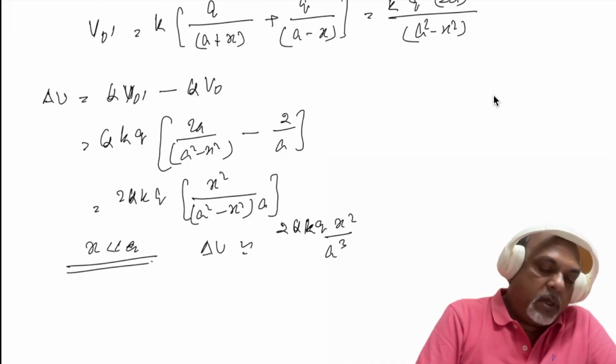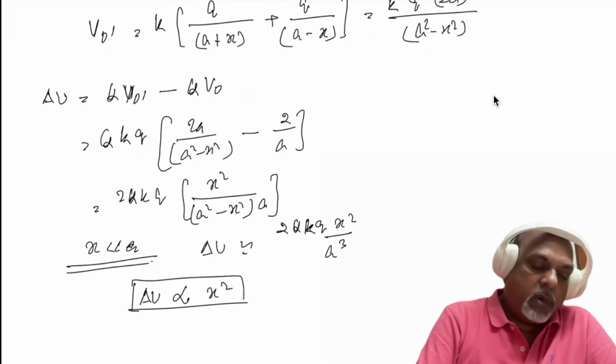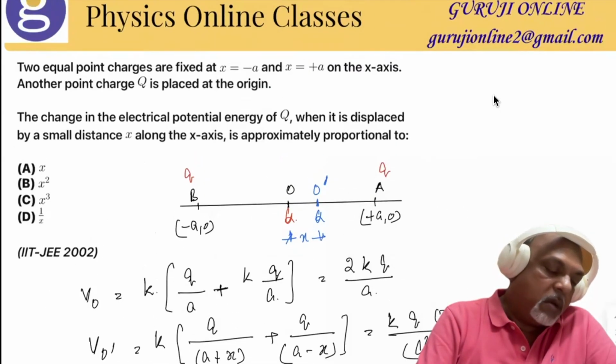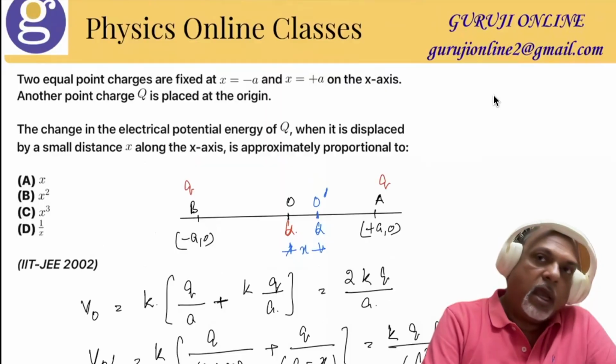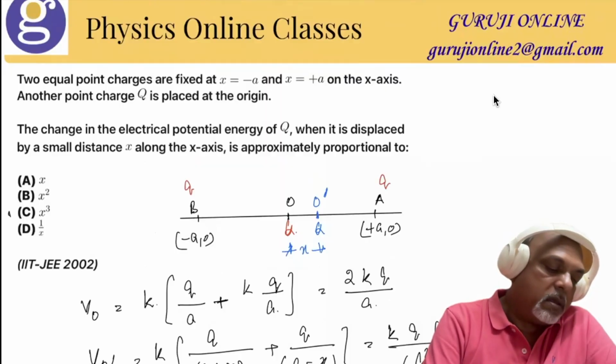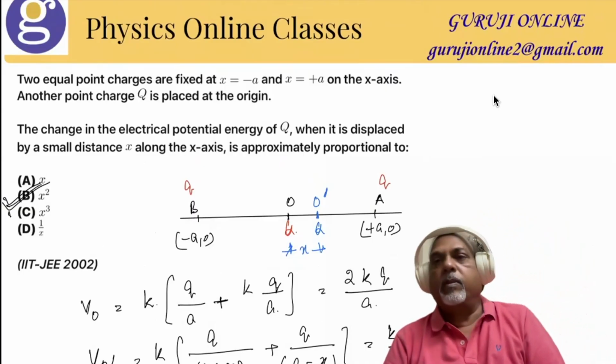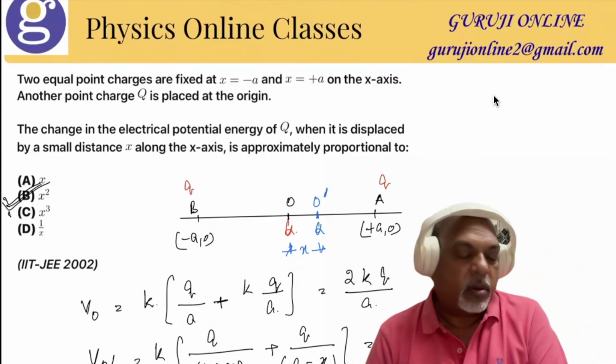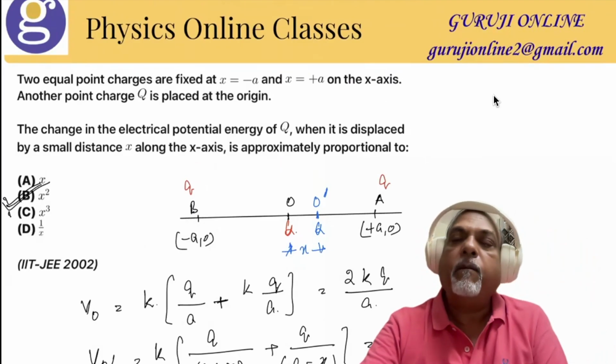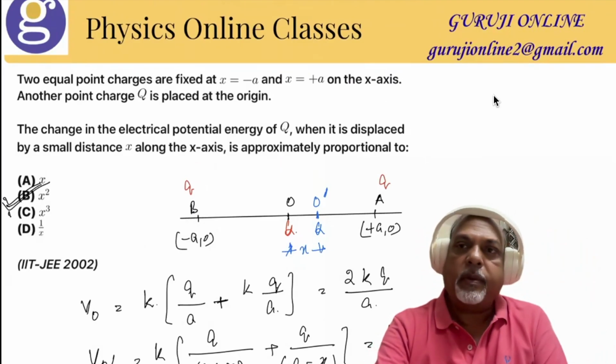So that means delta U is proportional to x square. The change in potential energy is proportional to x square. I hope you must have understood this problem. Correct?